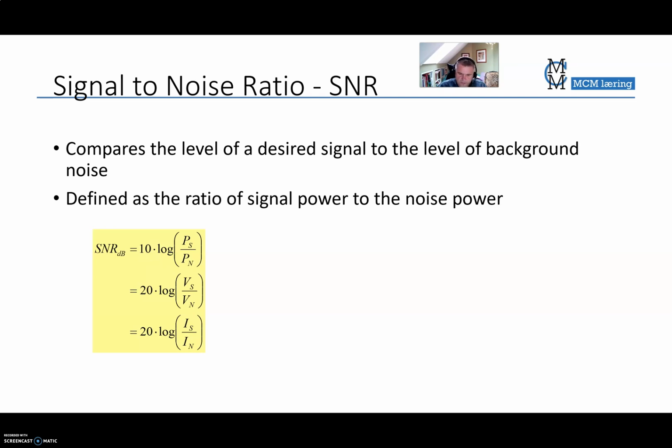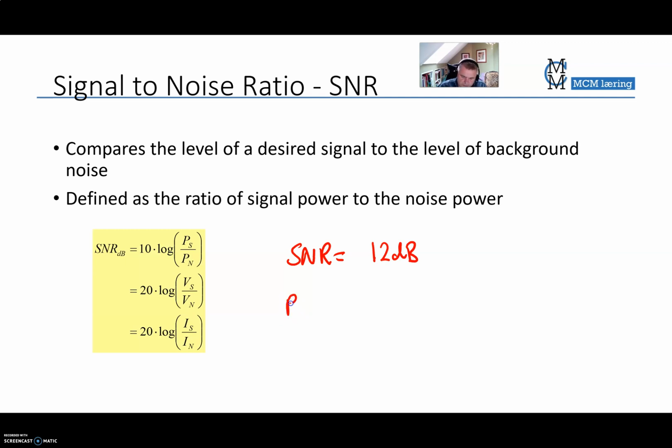Okay, so what about the other way around? If we have a given decibel value of, say, SNR equals 12 decibels, for example, what is then the relation between the powers of a system?